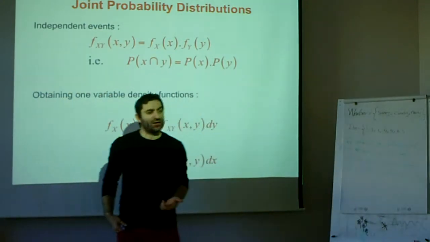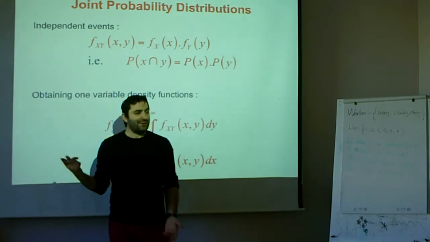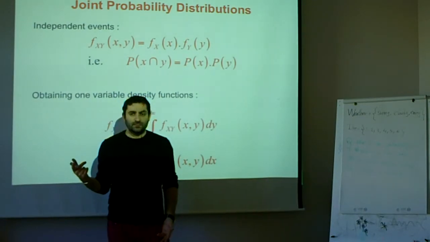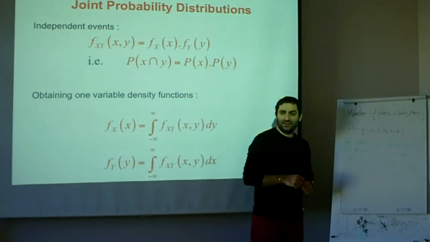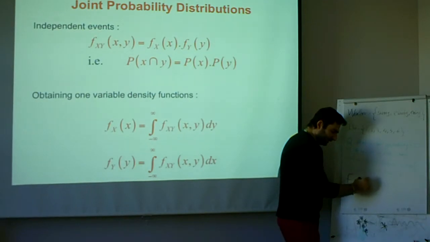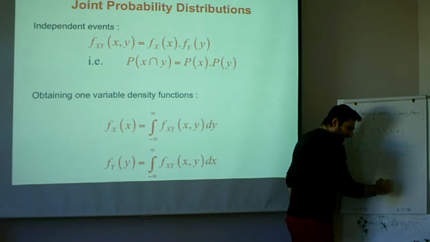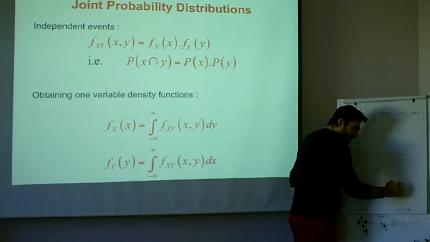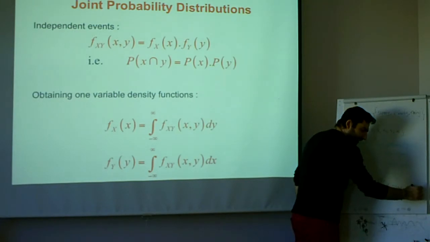Now, first question. Is there any correlation between rolling a die and the weather? No. So it means that they are independent. So what we have, f of x and y, is this: probability of x is prime and y is raining.